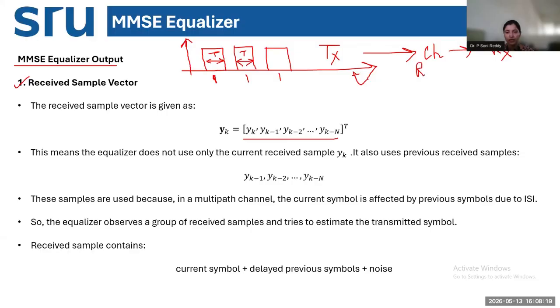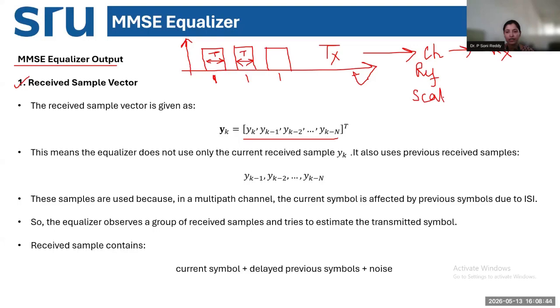Multipath effect means it will have some amount of reflection, scattering, and diffraction. All these effects will be added up. And what are they causing? They are causing multiple copies of the transmitted signal to reach the receiver at different time durations. So there is delay there.